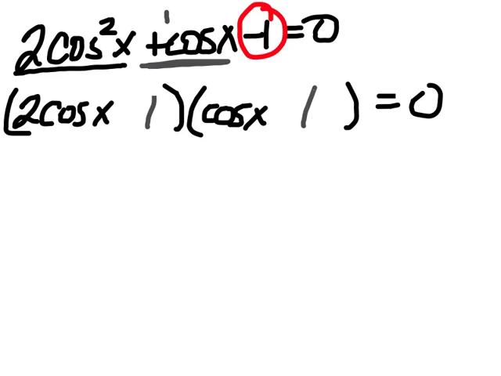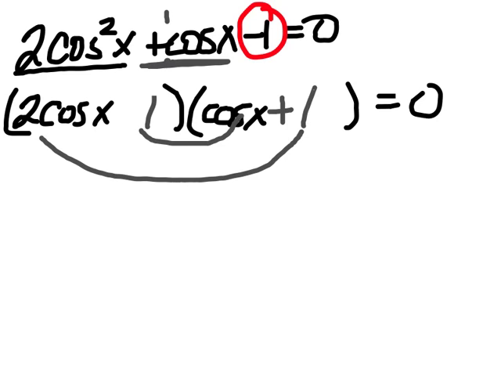If I want a positive cosine x, my middle term comes from multiplying these two together and these two together. Shouldn't I have a plus 2 and a minus 1, right? Okay. So it would factor this way.